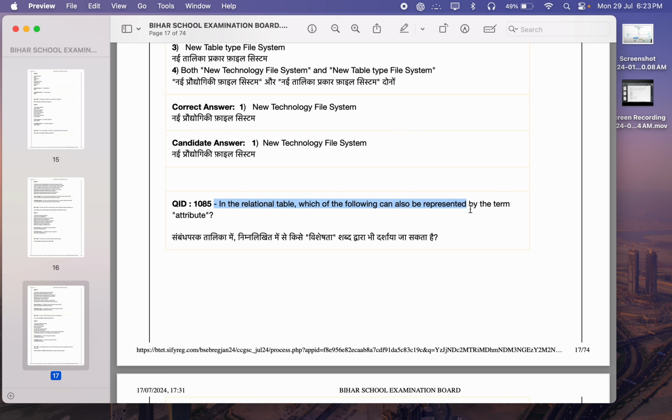In the relational table, which of the following can also be represented by the term attribute?